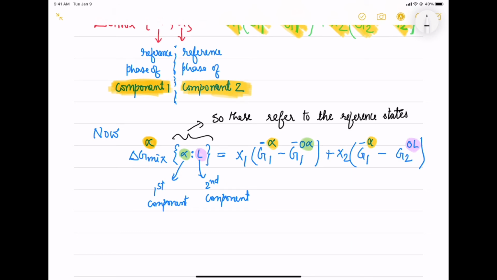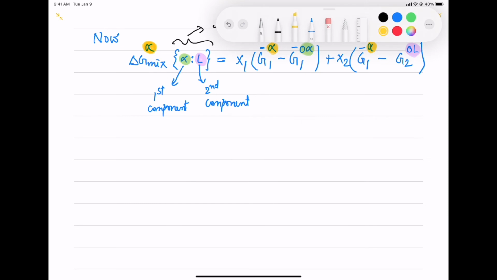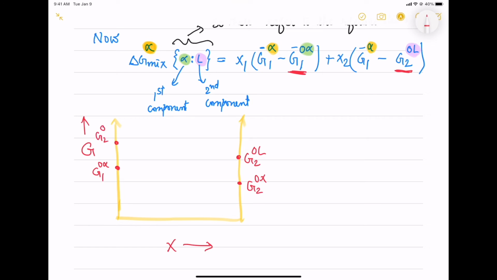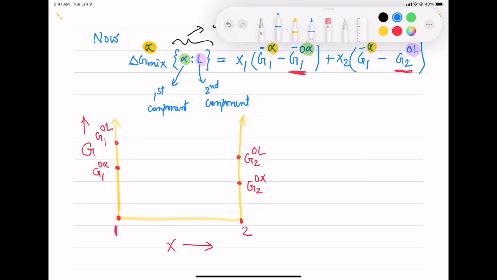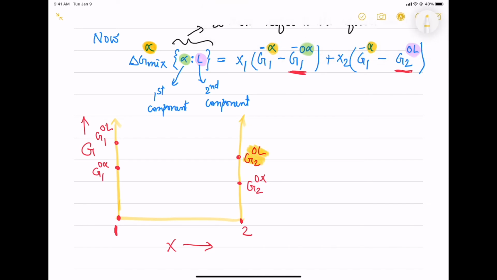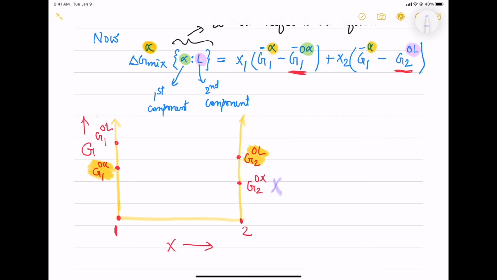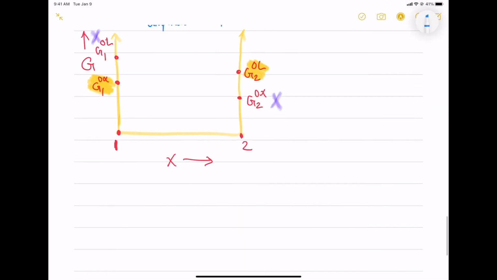So these two in the flower brackets represent the first and second component reference states. Now let's do another thing. So I have given the first and second component reference states. So this is how it looks like on the graph.